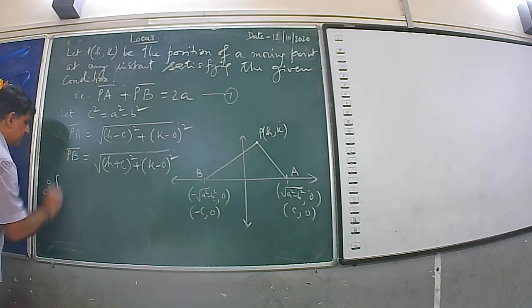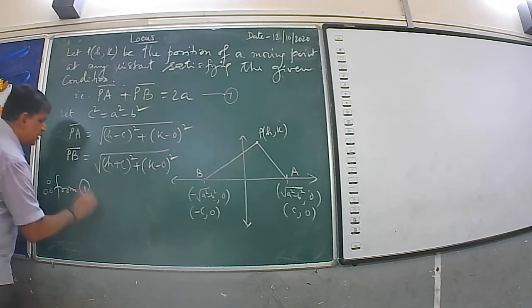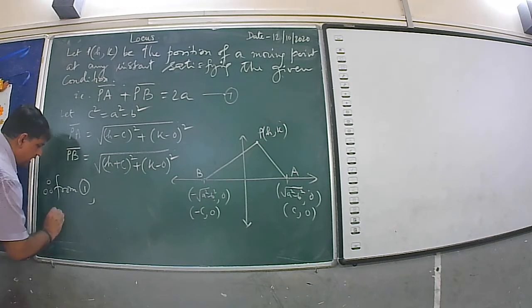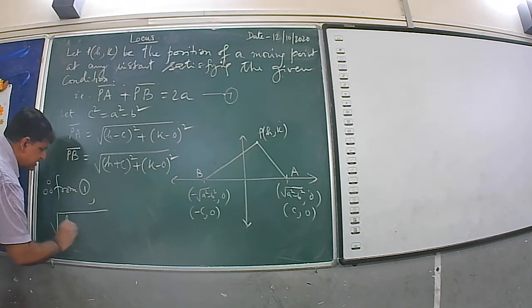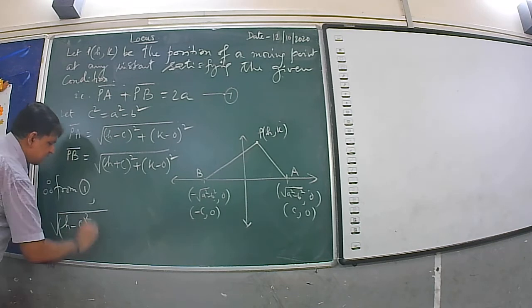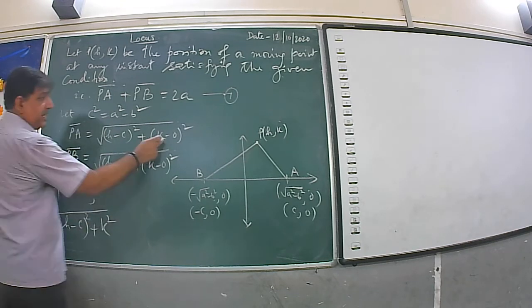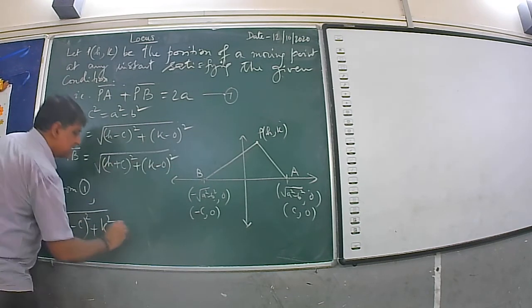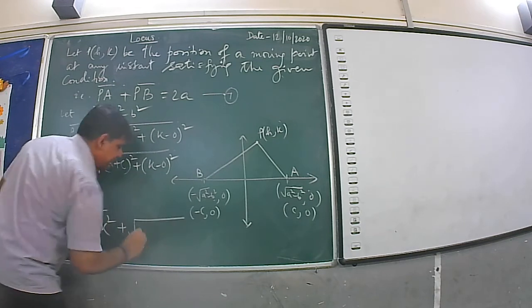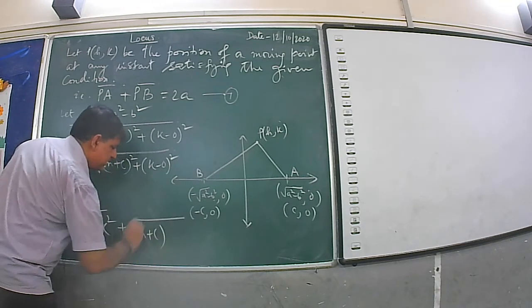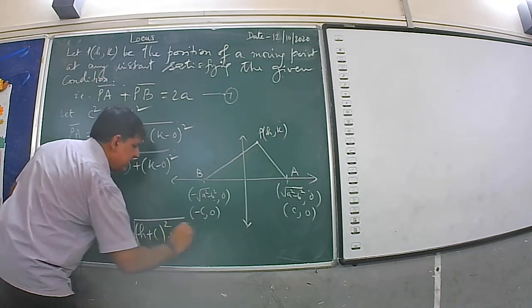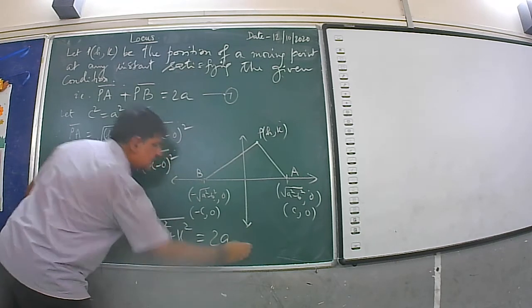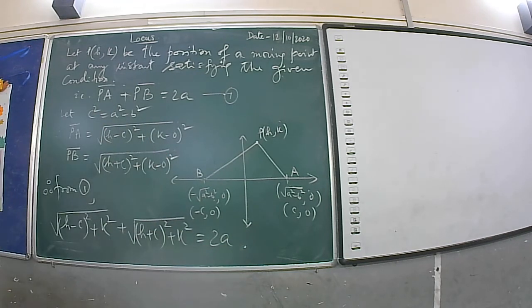Therefore from 1, we have root over (h minus c) whole square plus k square. Why k square? k minus 0 is k. Plus root over (h plus c) whole square plus k square is equal to 2a. This thing is given to you, that this value is 2a.